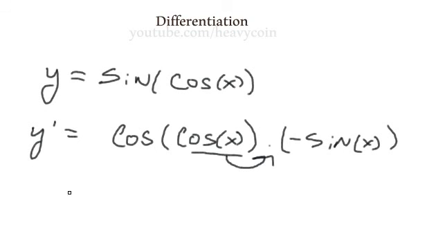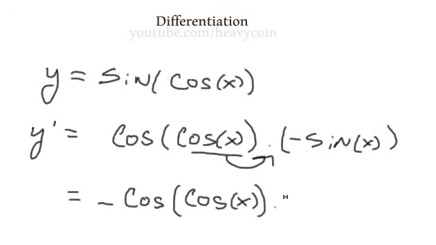So this is our y prime here. So we can just take this negative and bring it out front, and I'm just rewriting everything here. We have cosine of cosine x times sine x, and that is y prime.